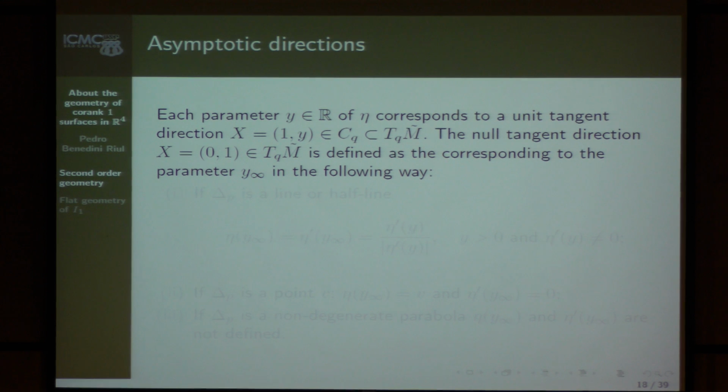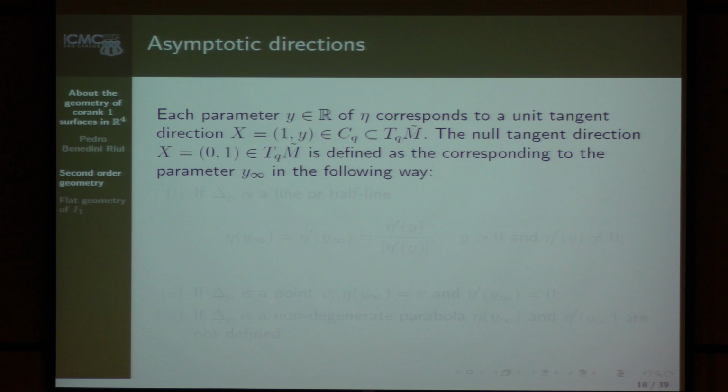Well, we know that when we have the parametrization of Δp, the curvature parabola, the eta parametrization, as I defined earlier, every parameter y corresponds to a unit tangent direction x in Cp, the subset of unit tangent vectors.